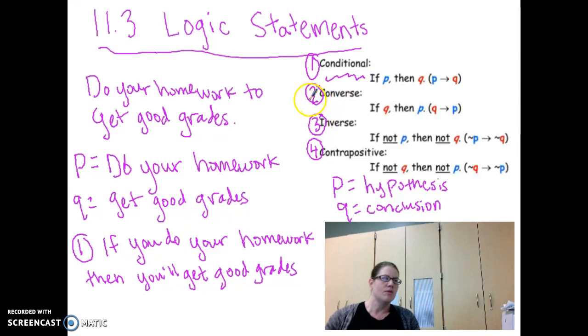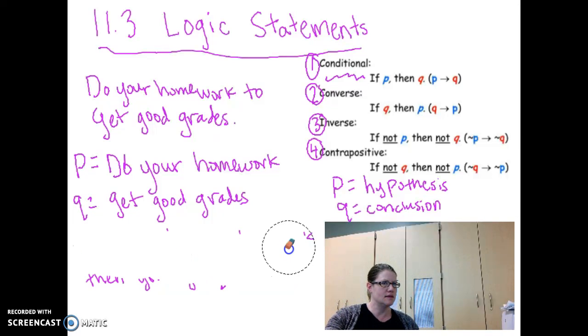Now we can also write the converse of this statement. The converse, notice here it says if Q, then P. So all that's happened here is P and Q have changed places in the statement. So if we wanted to write the converse of this statement, if you do your homework, then you'll get good grades, we're just simply switching our P statement and our Q statement. So let's go ahead and erase, because I don't have much room on my screen here.